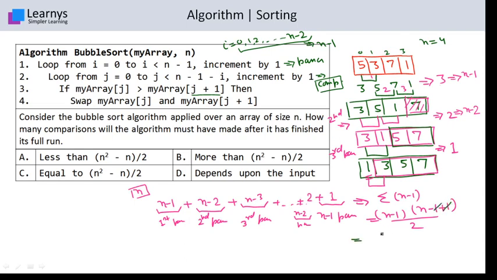So it becomes n into n minus 1 by 2. Now multiplying n, it becomes n square minus n by 2. This is exactly equal to this particular option, n square minus n by 2. So the correct option is C. Thank you.